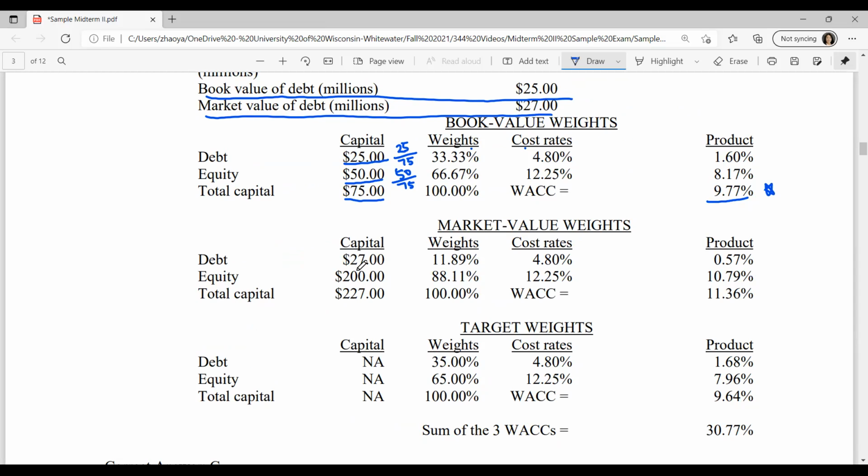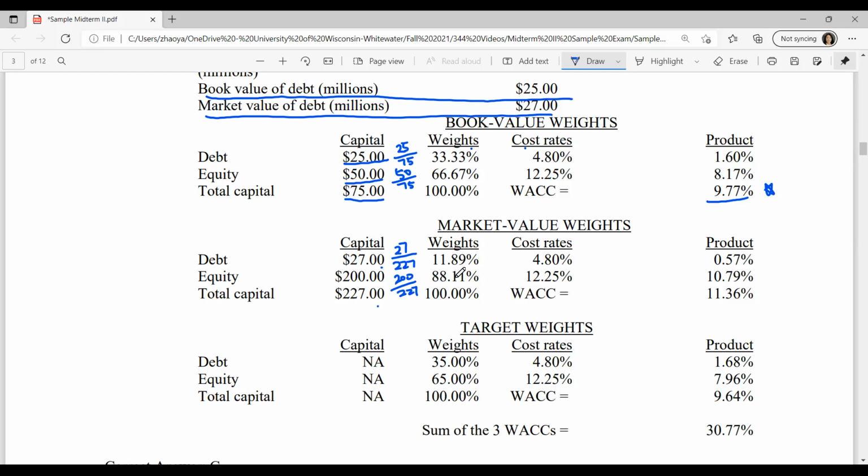Market value of debt is 27 million. Market value of equity is 200 million. So the total market value of this company is 227 million. So the weight of debt calculated from market value will be 27 divided by 227. It's 11.89%. The weight of equity calculated from market value is 200 divided by 227.